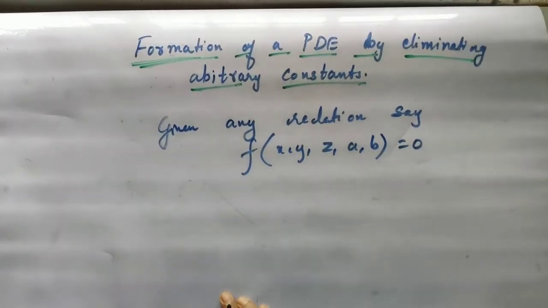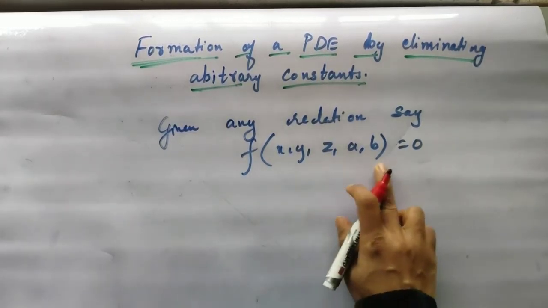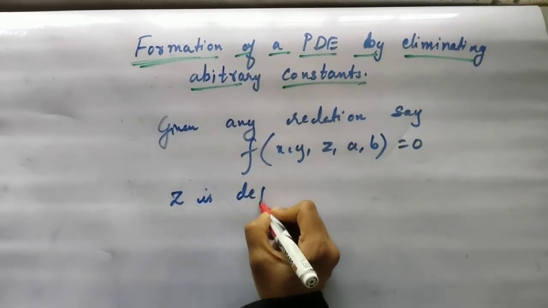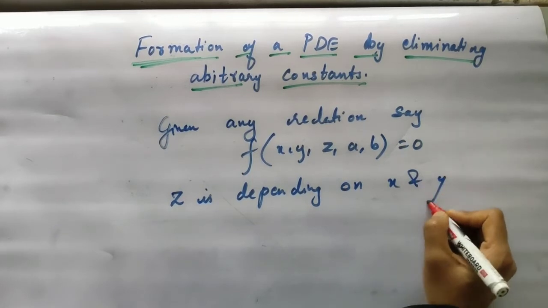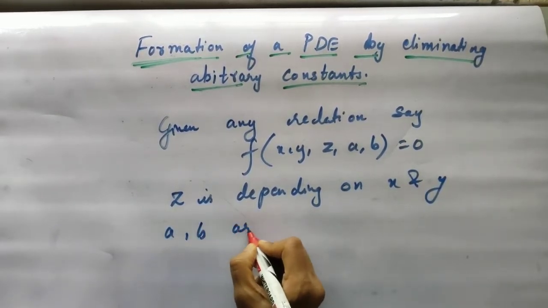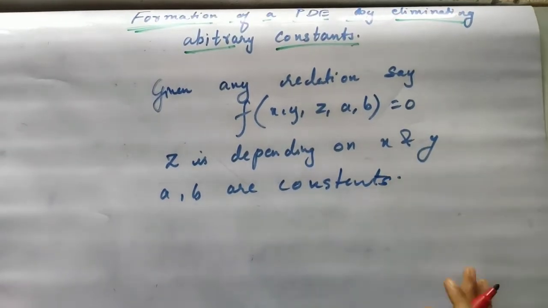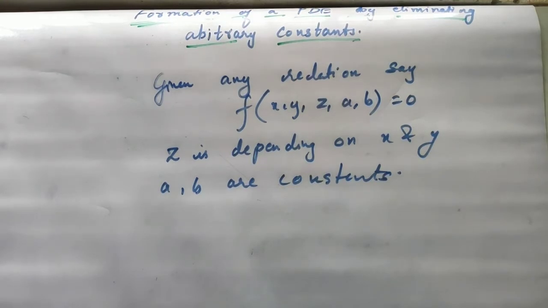So there will be some function where z is depending on x and y, and a, b are constants. To frame a PDE, what we do is we eliminate the arbitrary constants by considering the partial derivatives of z with respect to x and y and somehow try to relate them and frame a PDE.